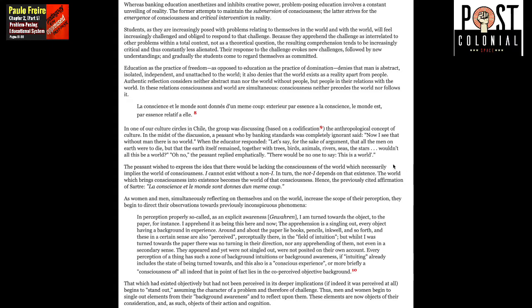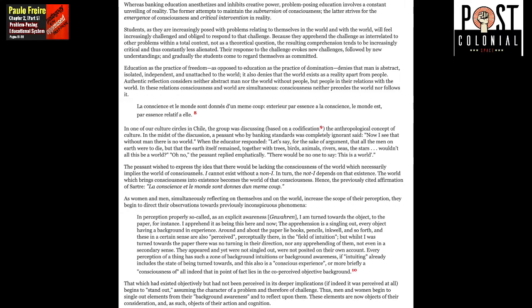When the educator responded, "Let's say for the sake of argument that all men on earth were to die, but the earth itself remained together with trees, birds, animals, rivers, seas, the stars. Wouldn't all this be a world?" "Oh no," the peasant replied emphatically, "there would be no one to say this is a world."